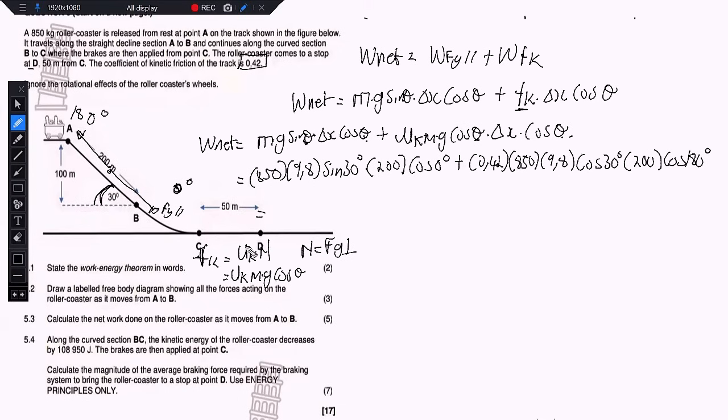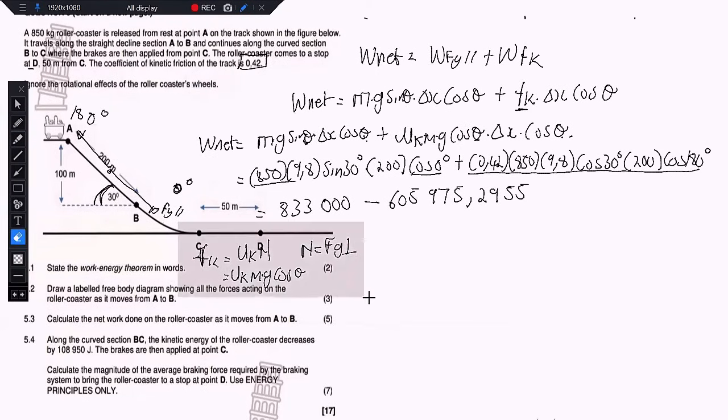Now at this point, you simply need the aid of your calculator. So if you punch this part here, from here all the way up until there, you get 833,000. And then minus, if you punch this part here, you get 605,975.2955, right?